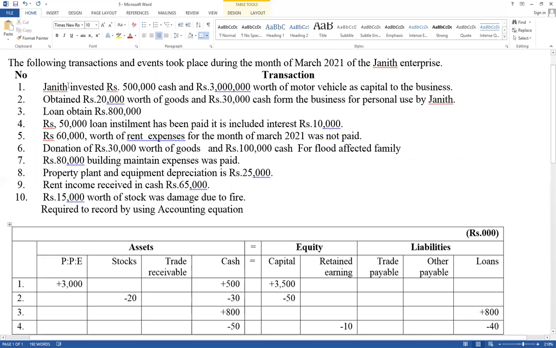Think about what it has given: additional capital, drawings, loan obtained, loan paid, expense not paid, expense paid, and donation. It has given cash donation, stock donation, as well as damaged stock, property, plant and equipment depreciation, as well as rent income received in cash.